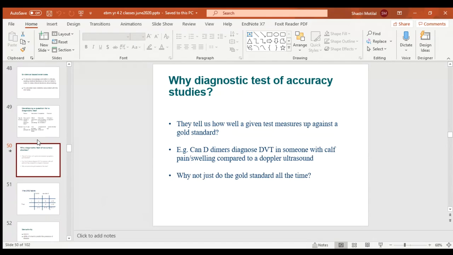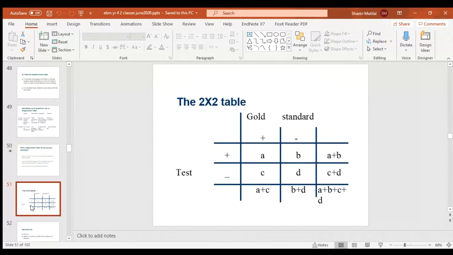So when you do a diagnostic study, when you do the research to validate a particular test, this is what you're going to come up with. You take a group of people and subject everyone to the test. On the left-hand side I have the test. Some people call it the index test, so you don't mix it up with the other one, the gold standard.